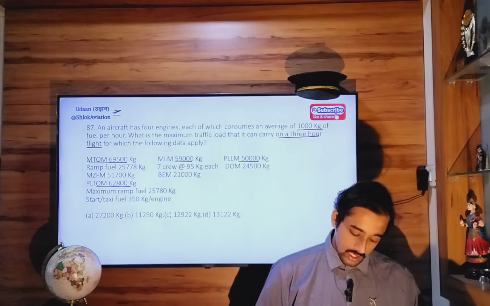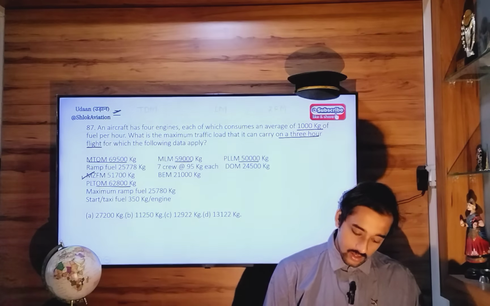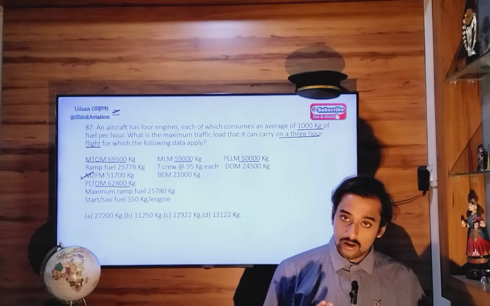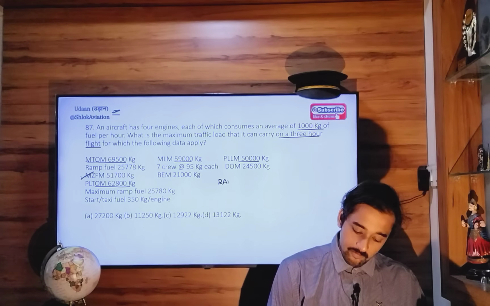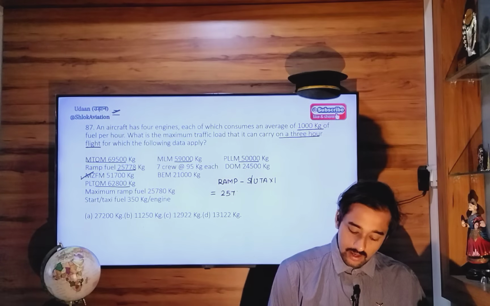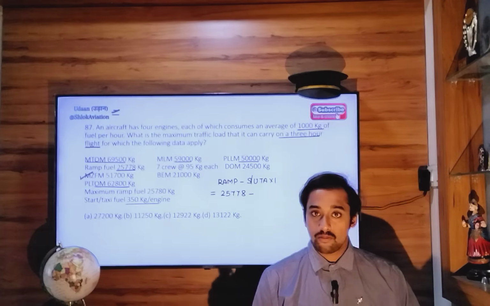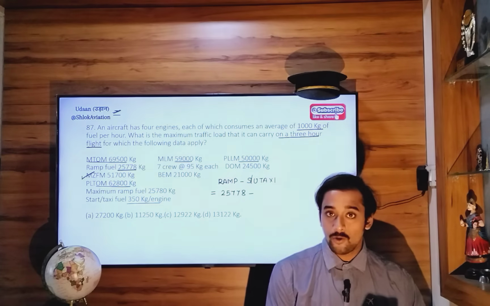Next, zero fuel mass plus takeoff fuel. Zero fuel mass is 51.7. Takeoff fuel or fuel on board is equal to ramp fuel minus startup and taxi fuel. Ramp fuel is 25,778. Startup and taxi fuel is 350 kilogram per engine. Now 350 kilogram into 4 because there are 4 engines.